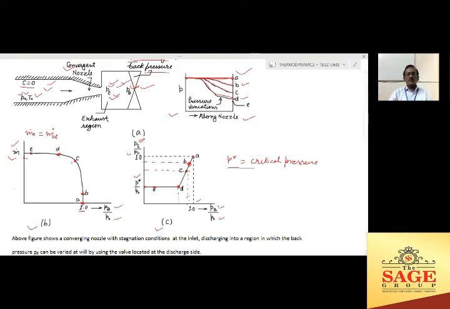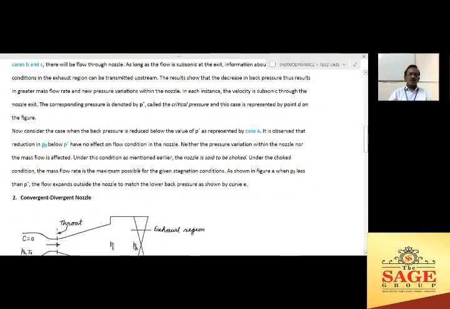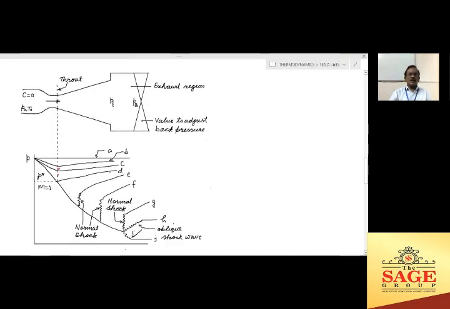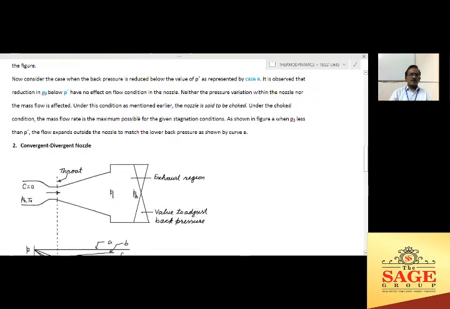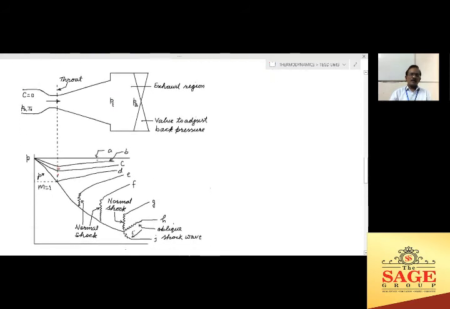Now we will see the effect of back pressure for the convergent-divergent nozzle. See here, this is another diagram. Here we have a nozzle of convergent-divergent shape.